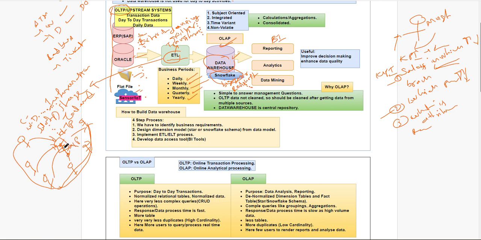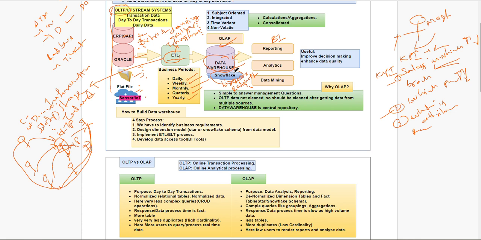Whatever transactions happen, indirectly for the next day they become history. So instead of keeping history only in the OLTP system, we will move this data to the warehouse. The transaction has already happened, so it becomes history.